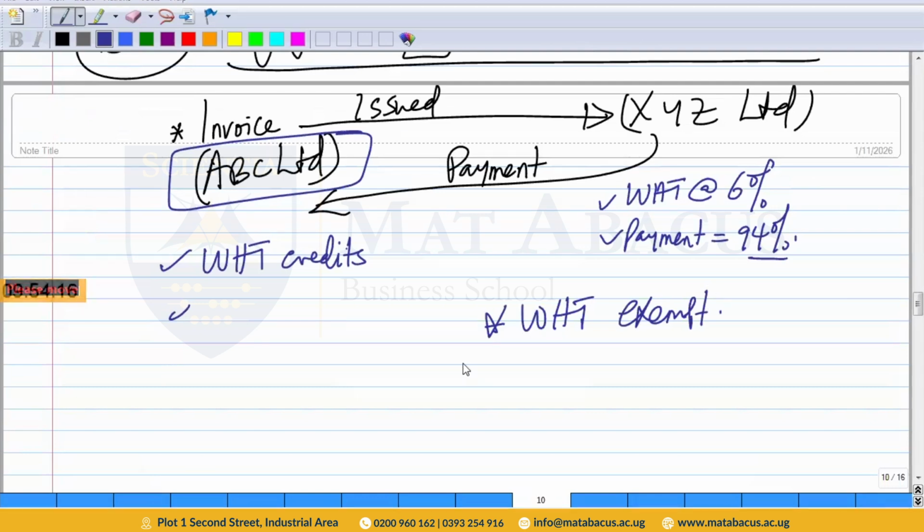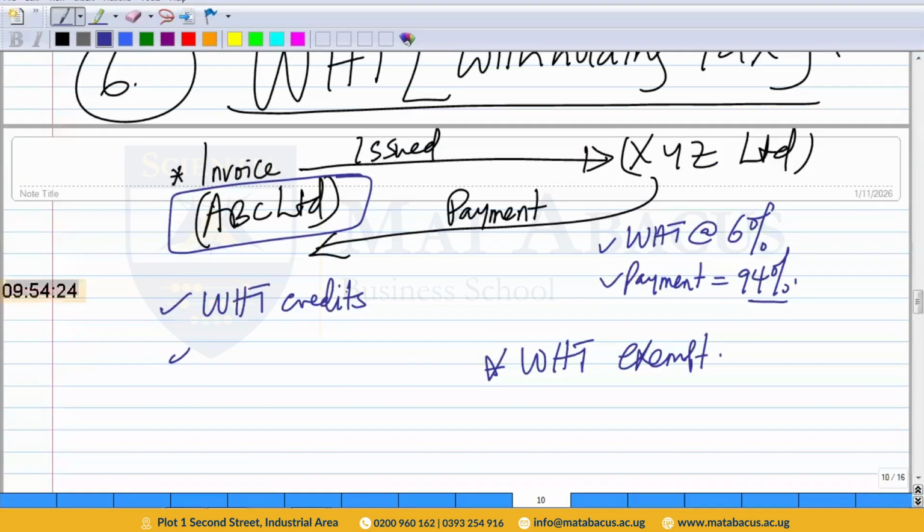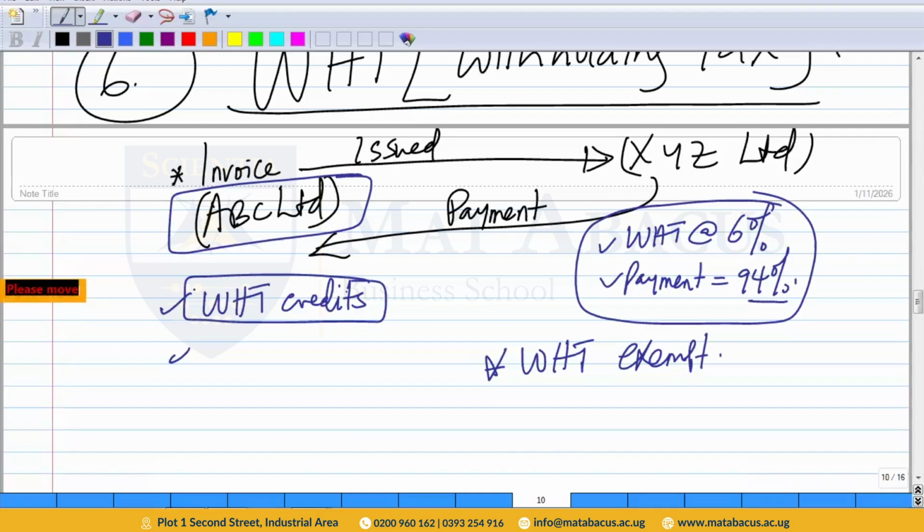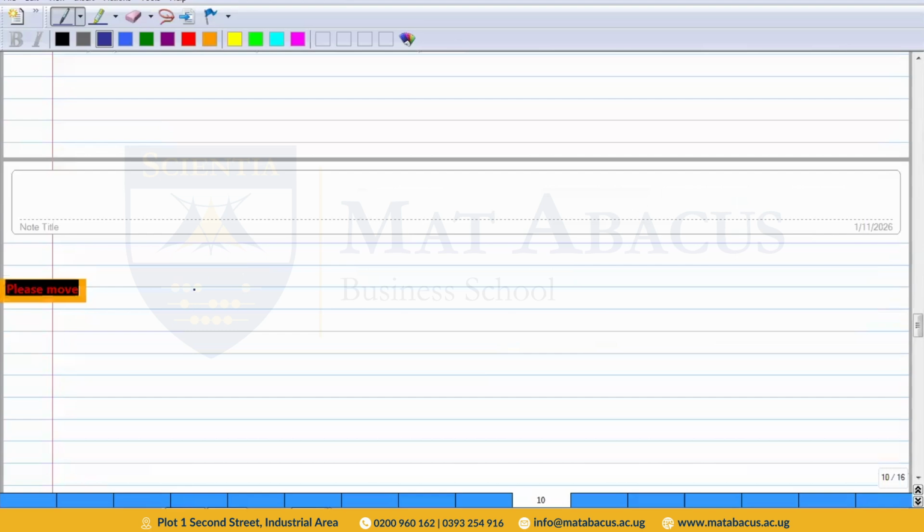And how do you determine withholding tax credits? Like we shall see in our classes, this person has made withholding from you. You the person they paid, you check on your tax ledger, and you are able to pick all the withholding tax credits and you use them to reduce the tax to pay.